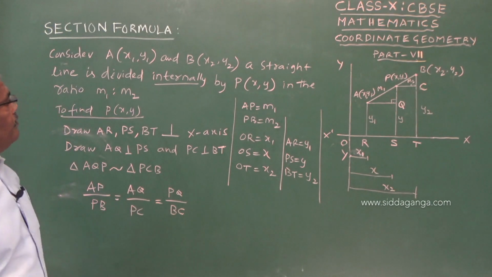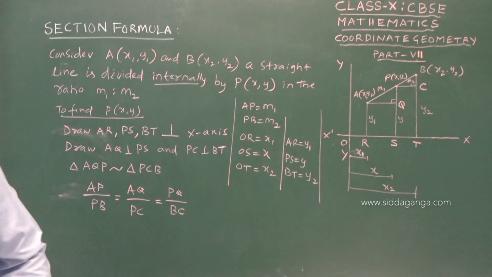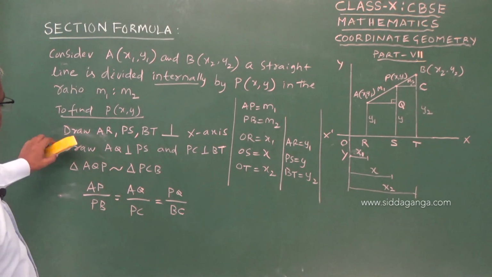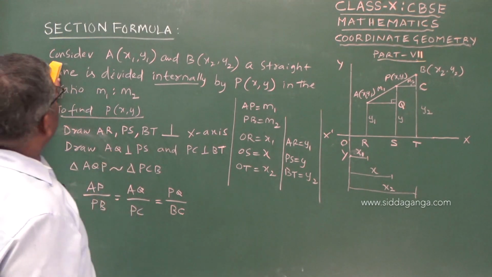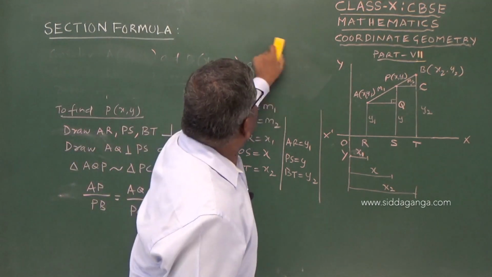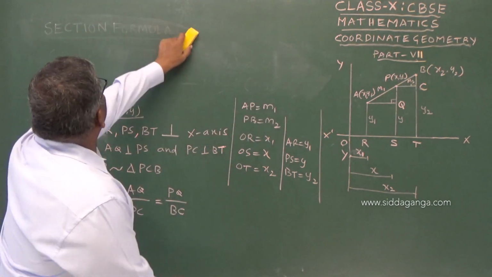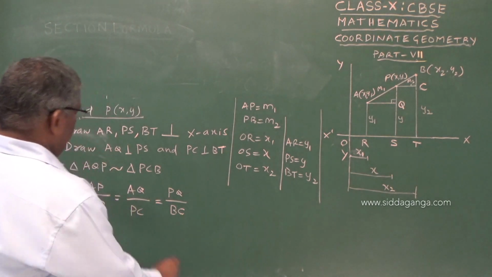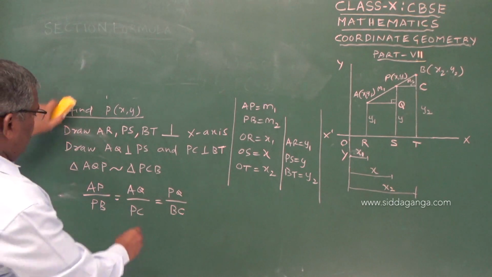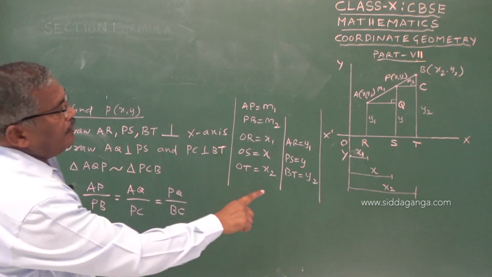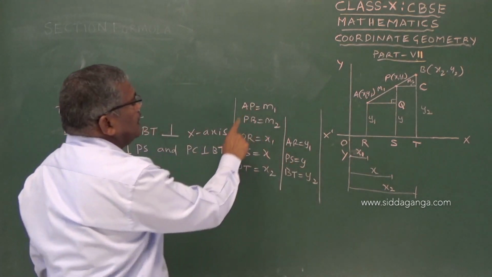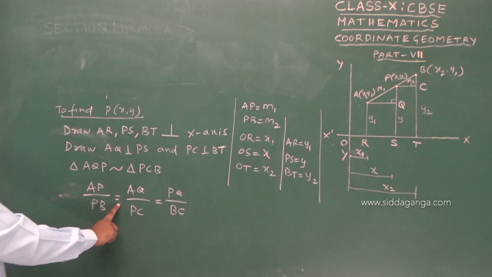Now, I am trying to manage the area here. I will erase this starting portion now, and I am continuing from the top. Please understand this. Now, AP: I will substitute values for this.